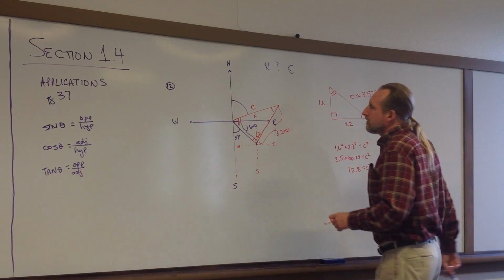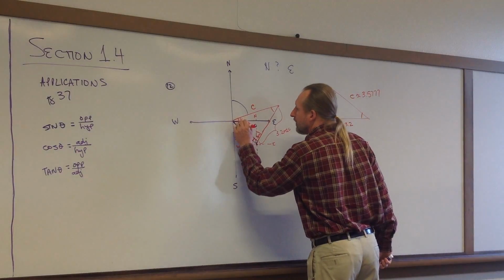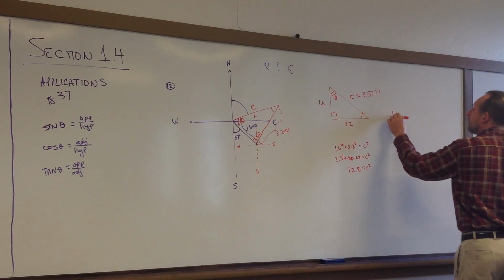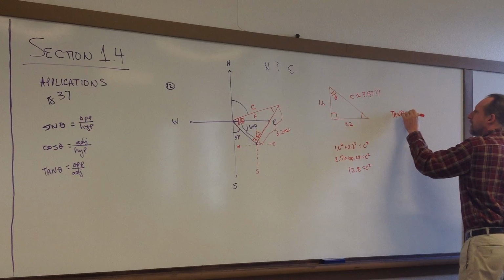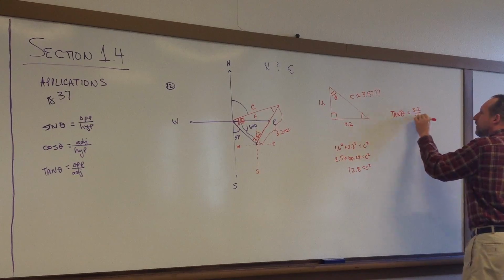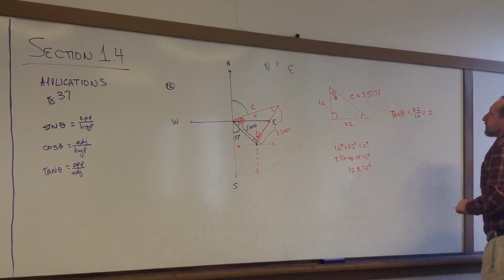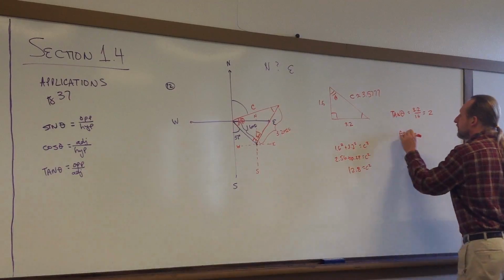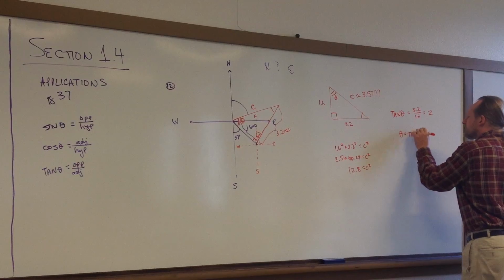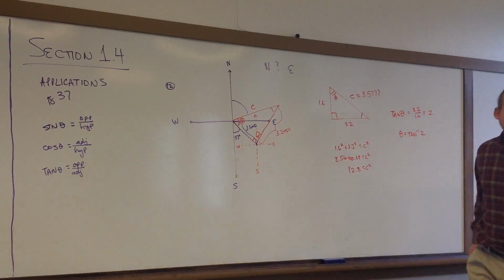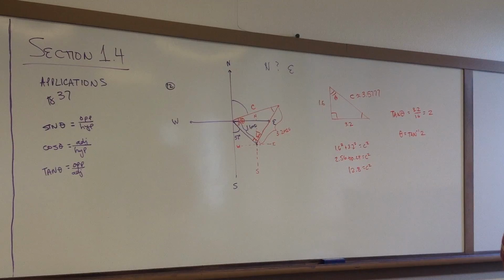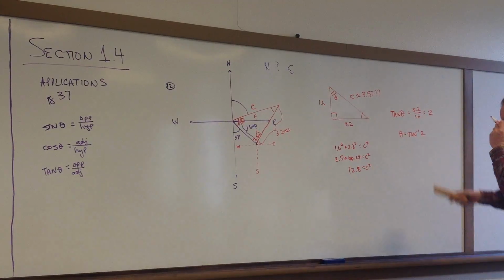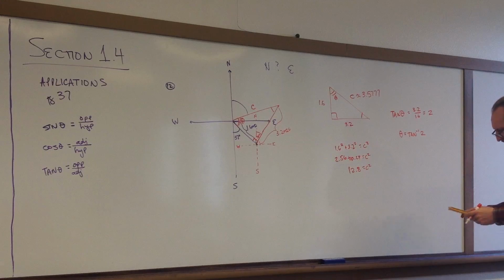So this angle I'll call theta. There's theta. And then we know that the tangent of theta is going to be 3.2 over 1.6, which is really just 2. So theta is the inverse tangent of 2. And your calculator is pretty sophisticated. You can use 3.2 divided by 1.6 and find the inverse tangent of that just as easily.